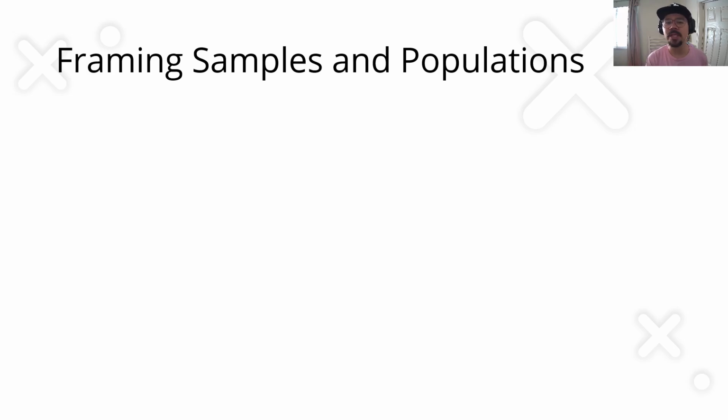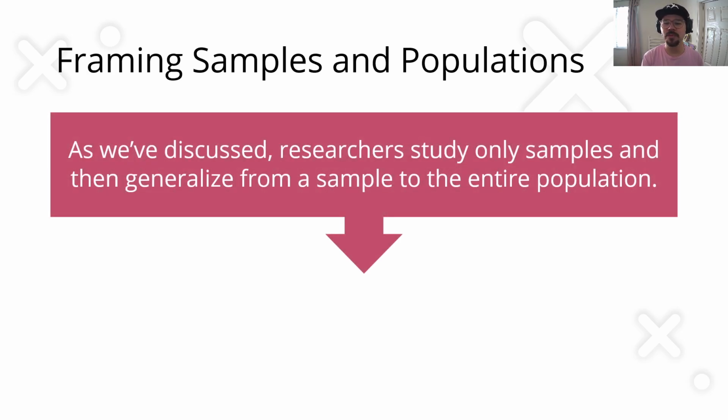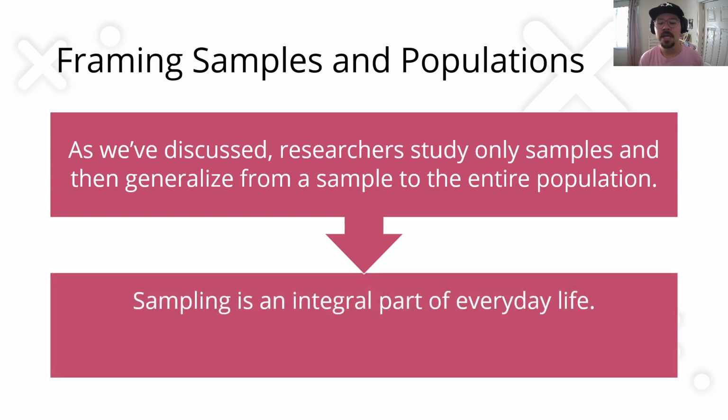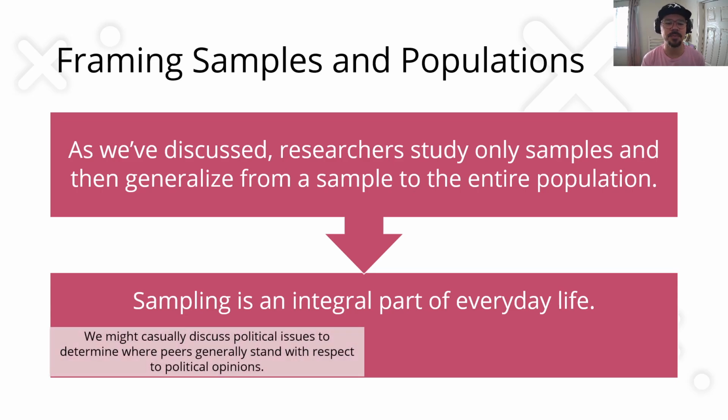All right, so framing samples and populations, just as a continuance of this brief overview. As we've discussed, researchers study only samples and then generalize from a sample to the entire population. Sampling is an integral part of everyday life. Two very brief examples: we might casually discuss political issues to determine where peers generally stand with respect to political opinions.